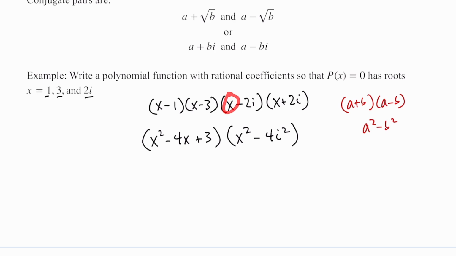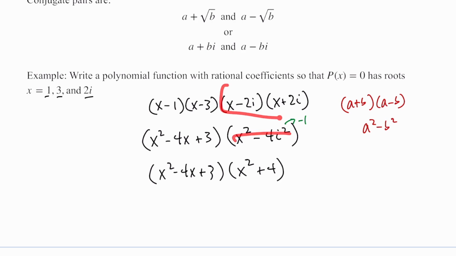Squaring the first thing becomes x squared. Squaring the second thing becomes 4i squared. But we also know that i squared is equal to negative 1. So the right-hand side is just x squared plus 4. You don't need this middle step. If you can recognize that you just square the first thing and then square this number with a plus sign, that is a nice shortcut.